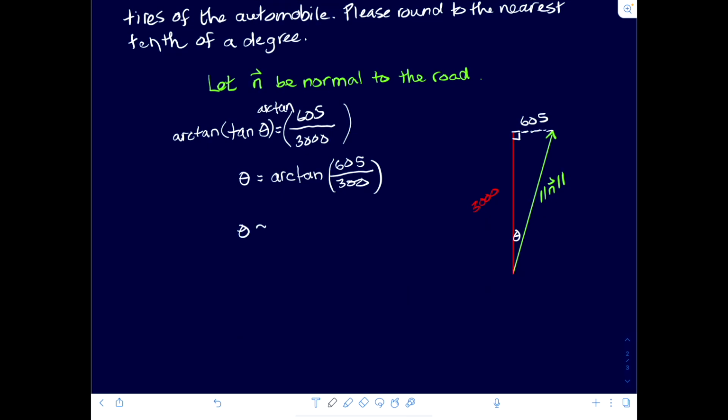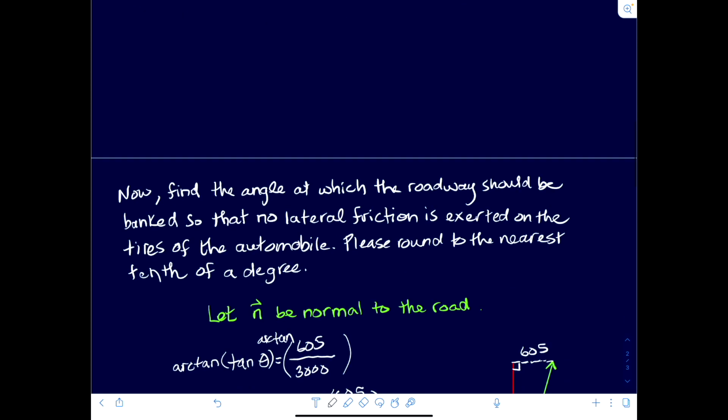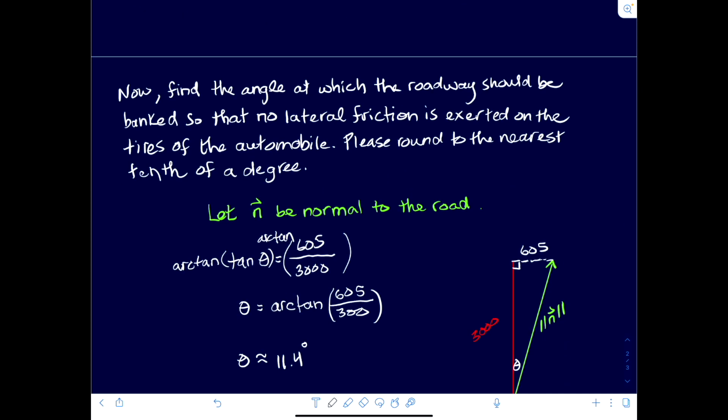So theta is approximately 11.4 degrees. So that's the angle that the roadway should be banked, so that you don't have lateral friction on the tires. You want the friction on the tires to be on the flat part, right? So that is how the road should be banked.